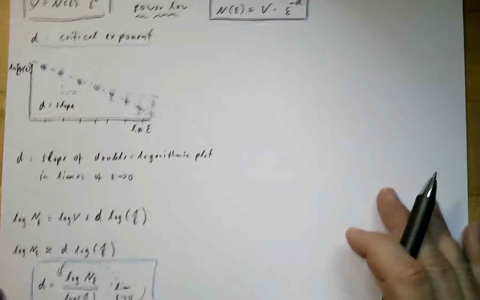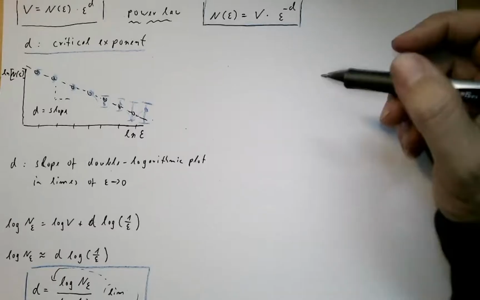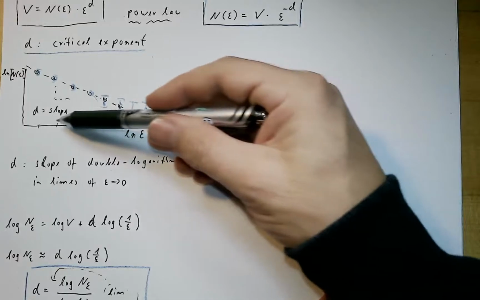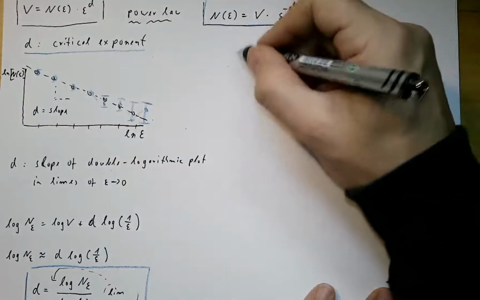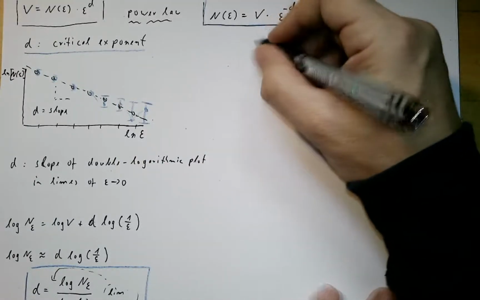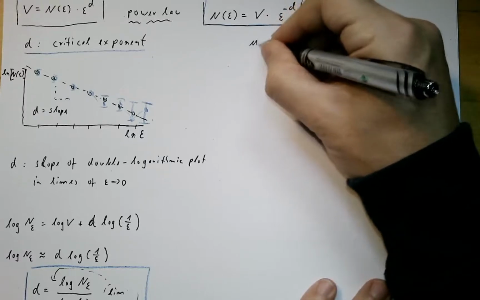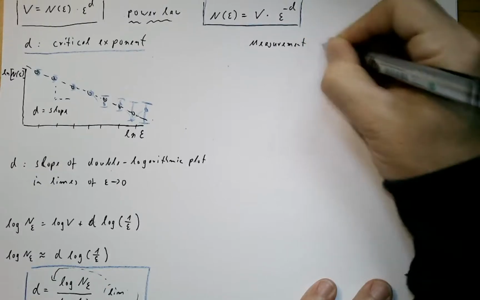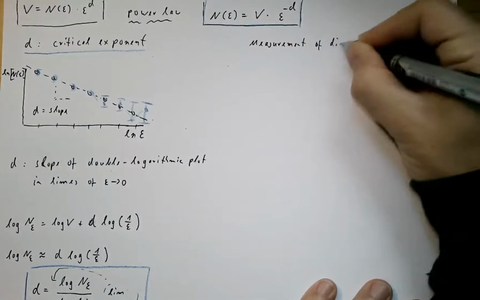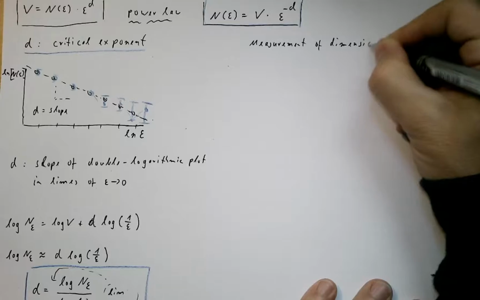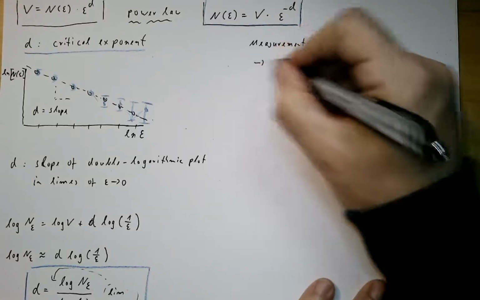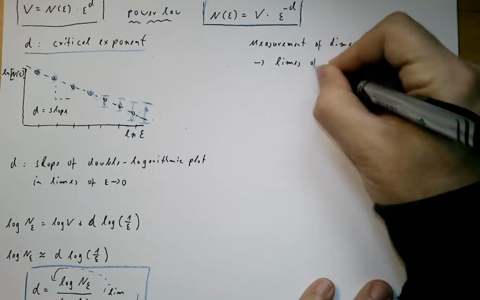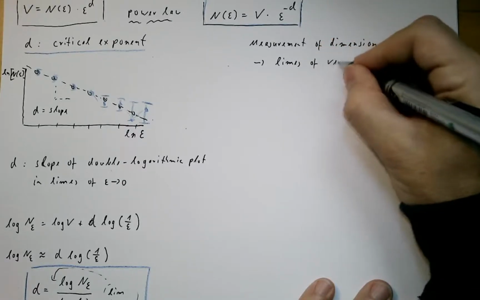And maybe it's also clear when we think a little bit about this, we can only in the limes, so maybe you write this down, measurement of dimension. So we need to go to limes of very small scales.